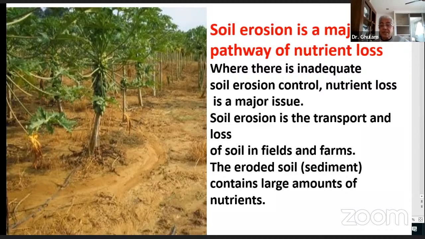And this is the layer of soil that contains most of the nutrients. If you remember in the diagram earlier, the recycling of the leaves and the fruits and so forth, all of them fall on the surface. And just below the surface are the microorganisms that act on these materials to decompose them and to release the nutrients.